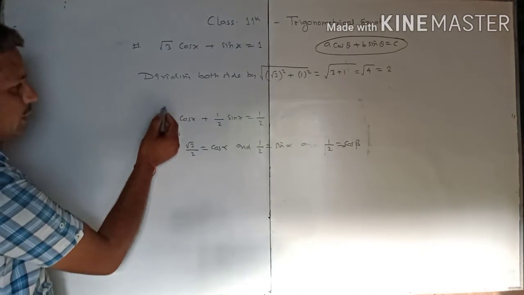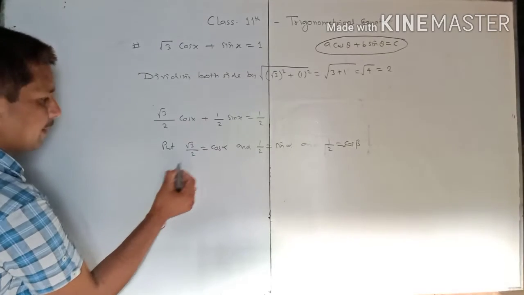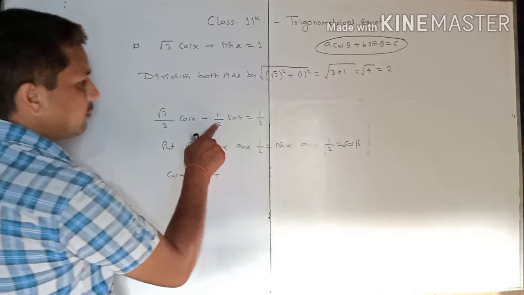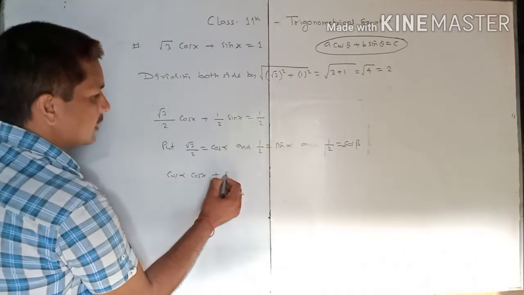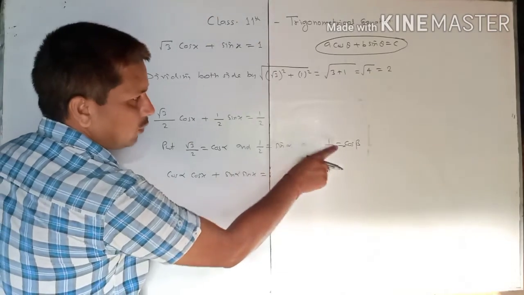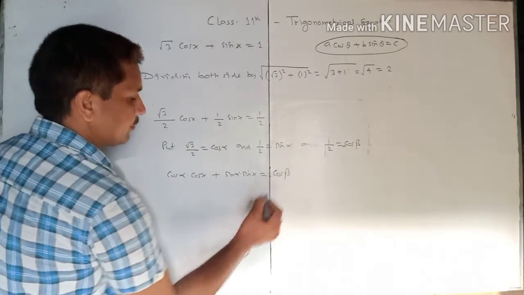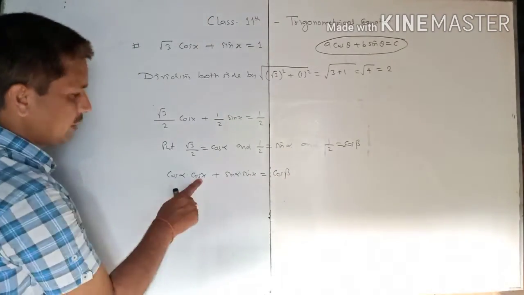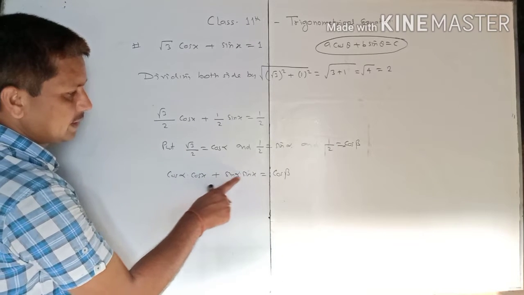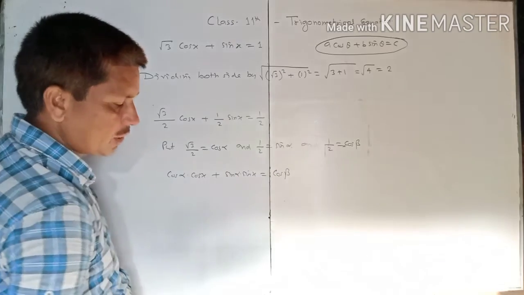So root 3 by 2 means cos alpha, cos x plus here sin alpha, sin x. 1 by 2 means cos beta. So cos x cos alpha plus sin x sin alpha is equal to cos beta.